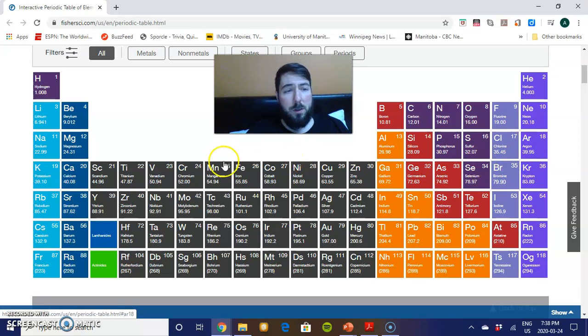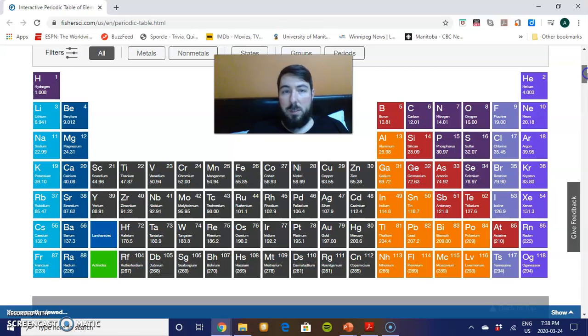The ones that we're really going to focus on as a class are the first 20, and then probably some more of the common ones that you've heard of before. Things like iron, nickel, copper, silver, gold, maybe mercury, maybe platinum, ones like that.